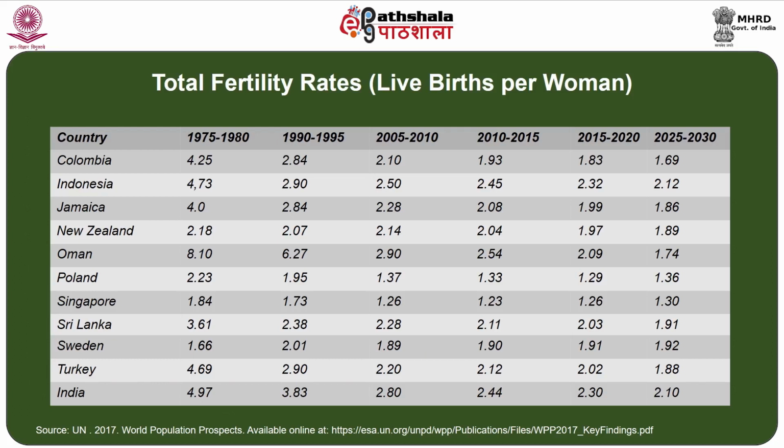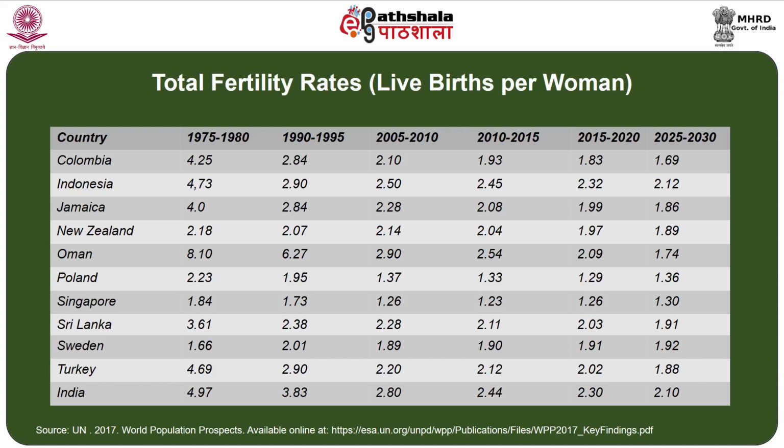Singapore had a very low fertility rate even in 1975 to 1980, a TFR of only 1.84, which declined further to only 1.23 in 2010 to 2015, but it is projected to slightly increase to 1.30 in 2025 to 2030.